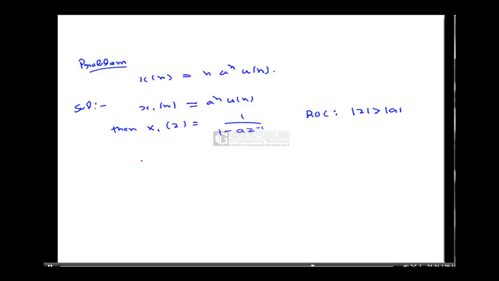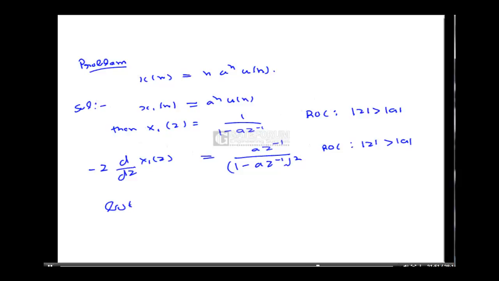Now, d by dz X1 of z multiplied by minus z can be written as a z inverse upon 1 minus a z inverse whole square, ROC mod z greater than mod a.